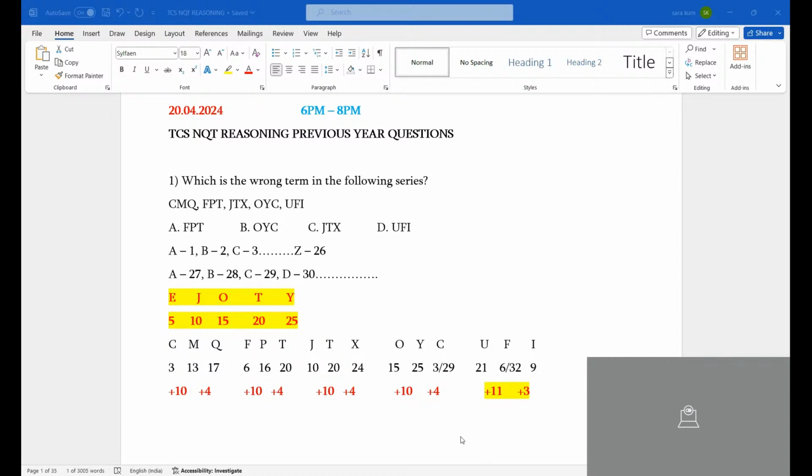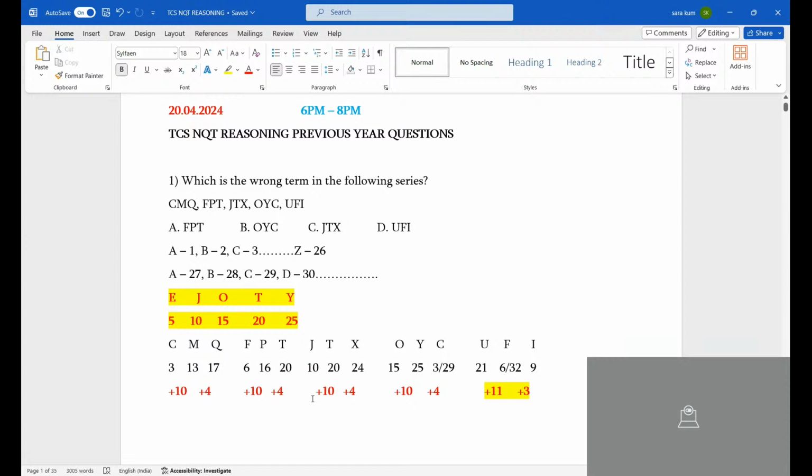Now, once you convert it into numbers, look at this one here. 3 plus what will give you 13? 3 plus 10 will give you 13. 13 plus what will give you 17? 13 plus 4 will give you 17. 6 plus 10 will give you 16. 16 plus 4 will give you 20. 10 plus 10 will give you 20. 20 plus 4.